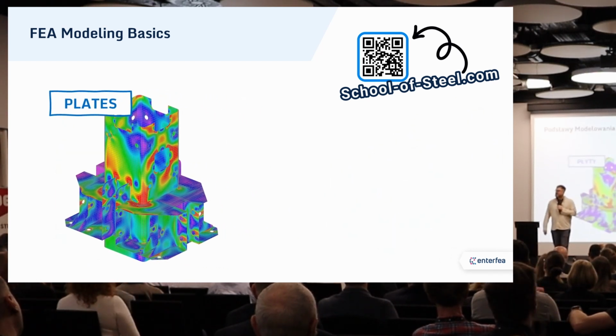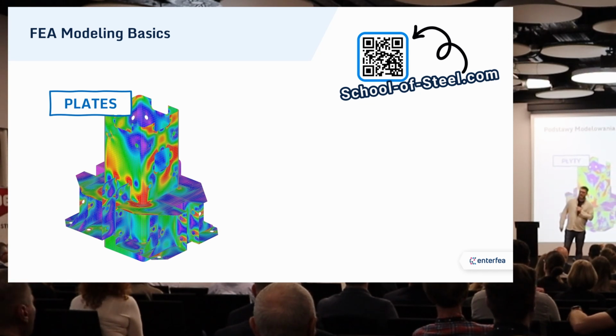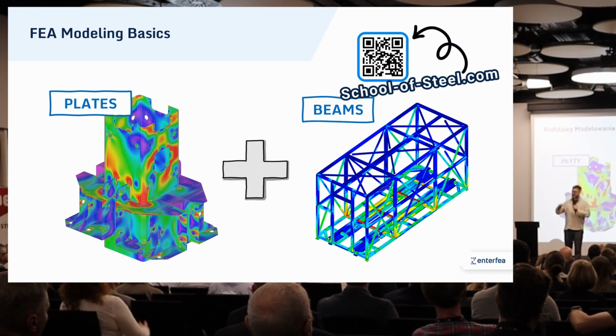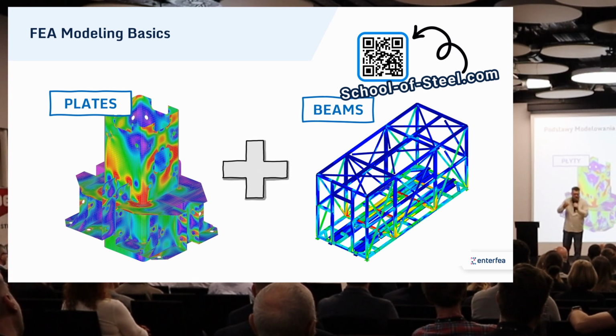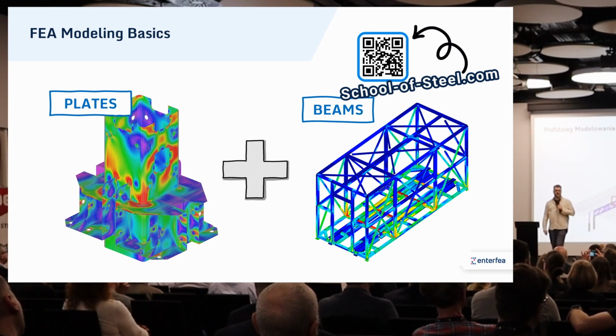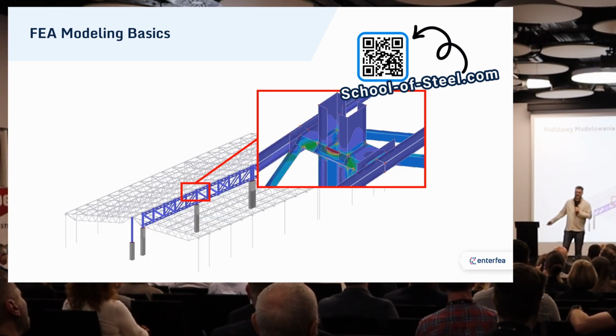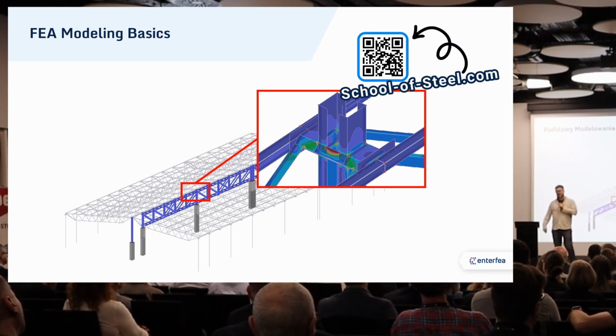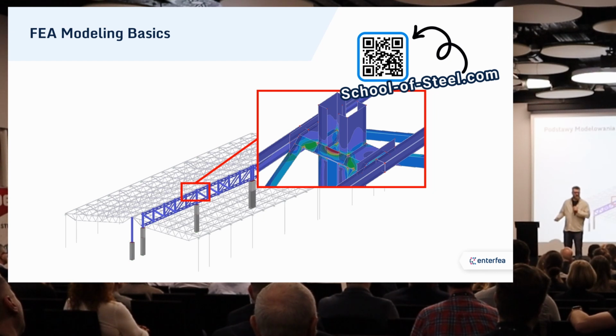Of course, plates alone won't make it, because most of the time you will be dealing with models made of beams. So this has to be some sort of a connection of plate model and beam model. There are essentially two approaches you might take to this. The first one is if you have a huge structure and you want to calculate only a small portion of it, you can make a separate model completely out of plate elements of the node that you wish to analyze.